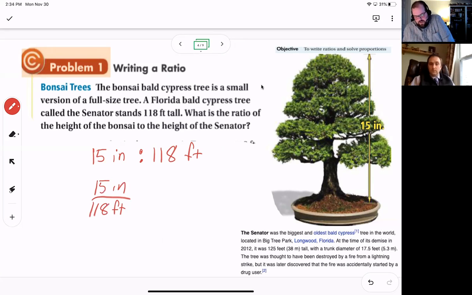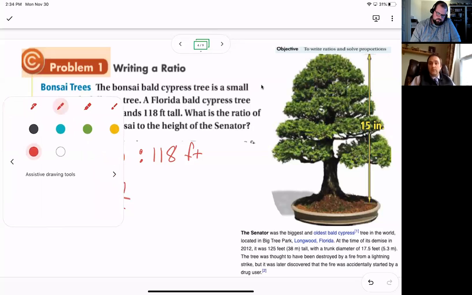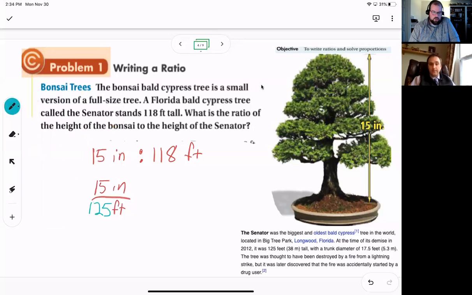To be fair, you can't reduce these numbers at all because they're relatively prime. So down at the bottom, I put the Wikipedia information from before the tree got burned down, apparently. So they said 125 feet. If that was the number, you're saying I could reduce that? You absolutely could. In fact, you can reduce that by 15.